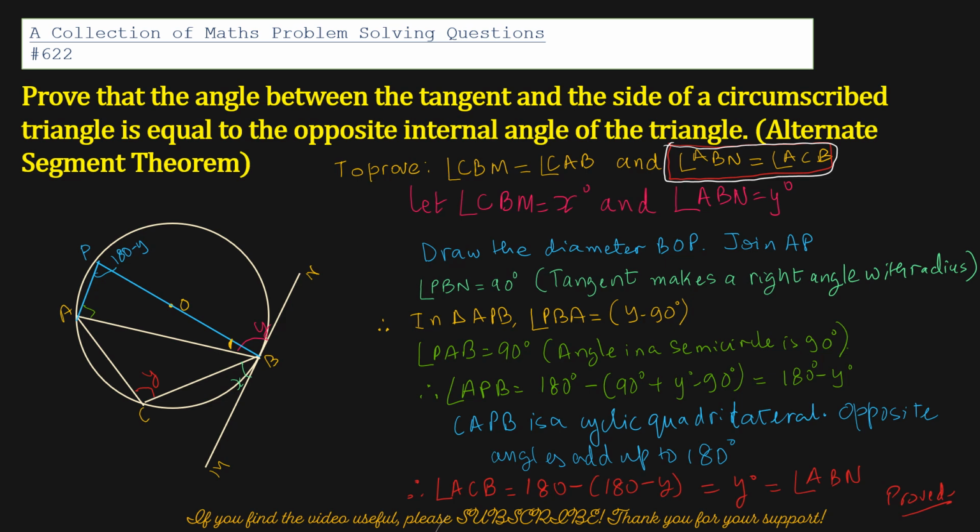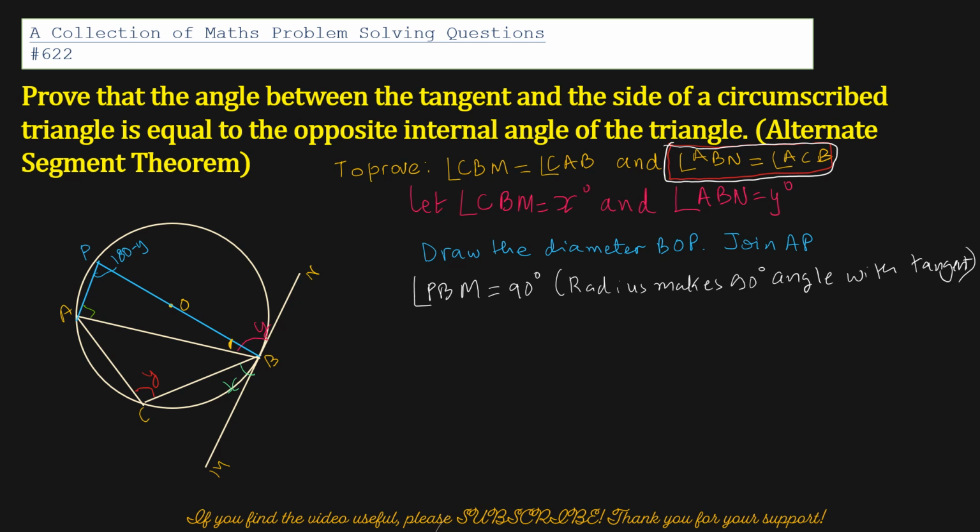So now for the next part. We leave the rest of it as it is, and we look at angle PBM. This is the angle PBM, and you see that's 90 degrees, because, same reason, the radius makes a 90 degree angle with the tangent.